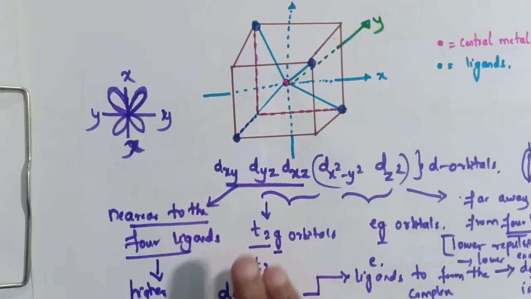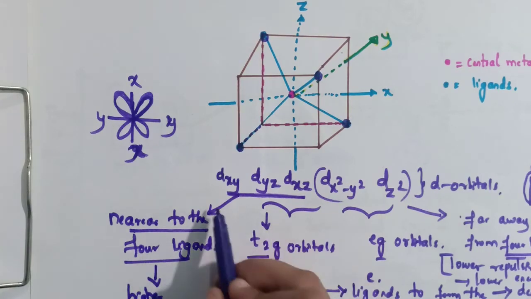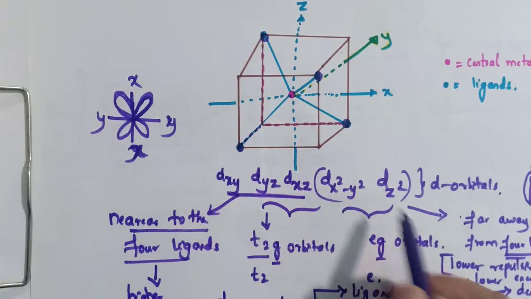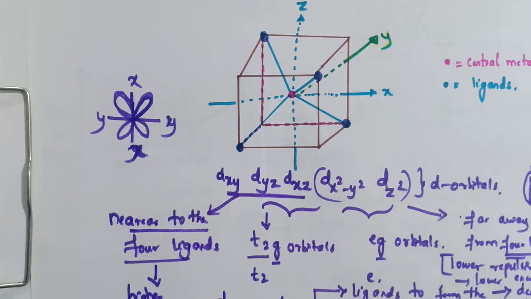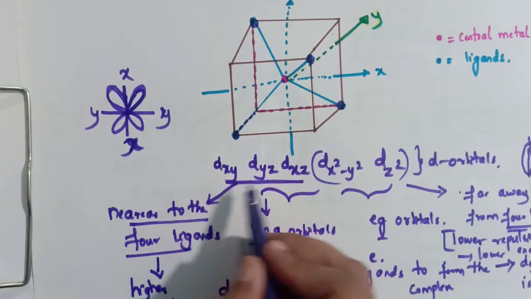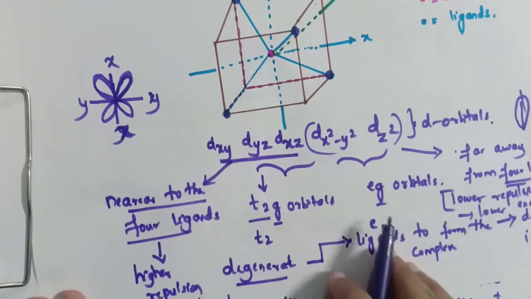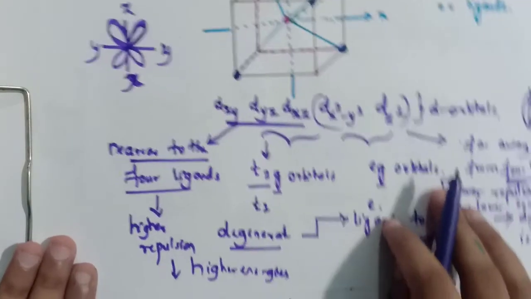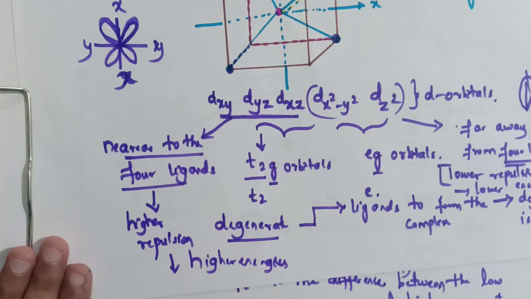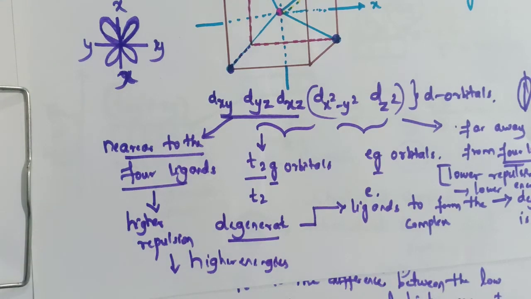Here the 5 d orbitals are dxy, dyz, dxz, dx square minus y square, dz square d orbitals. Here these xy, yz, xz orbitals are nearer to the 4 ligands. That means they are having higher energy. That means higher repulsion also. If it is having greater repulsion, greater will be the energy.